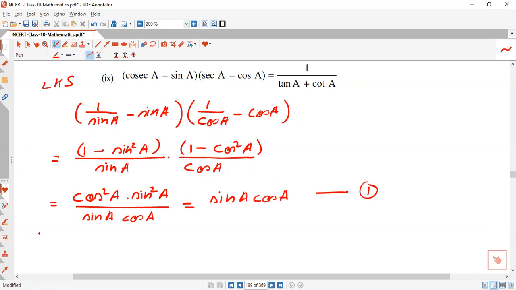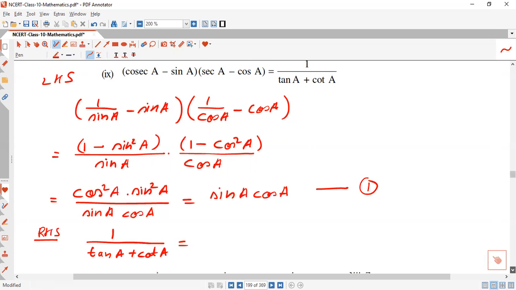From the right hand side, we have 1 upon tan A plus cot A. Put the values of tan A and cot A in terms of sin and cos.